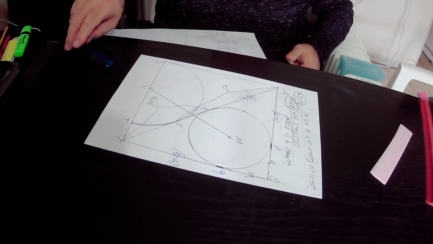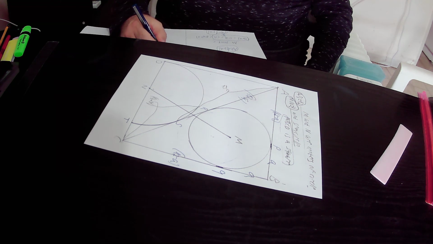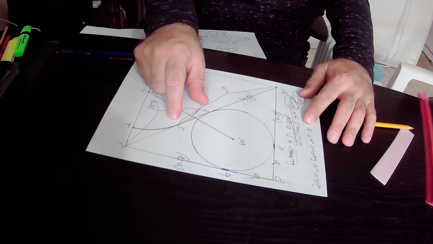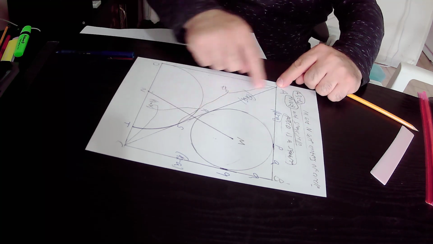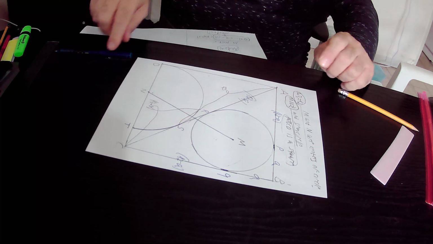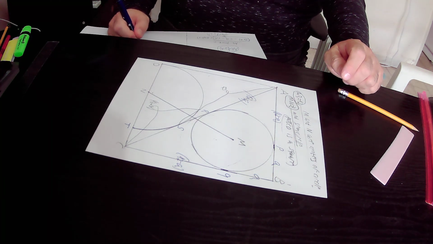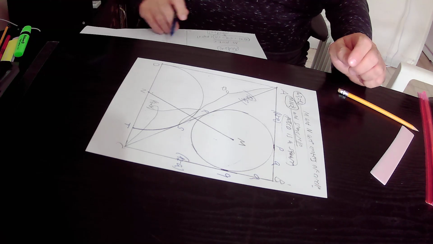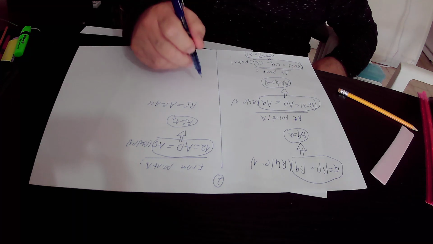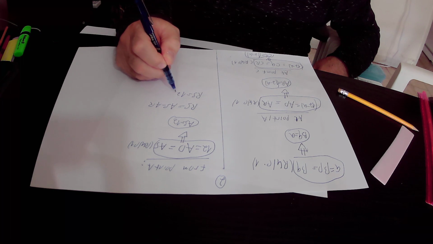So what is the value of RS? It is very easy to see from the drawing that RS is equal to AS minus AR. So RS equals AS, that is 12 units, minus AR.